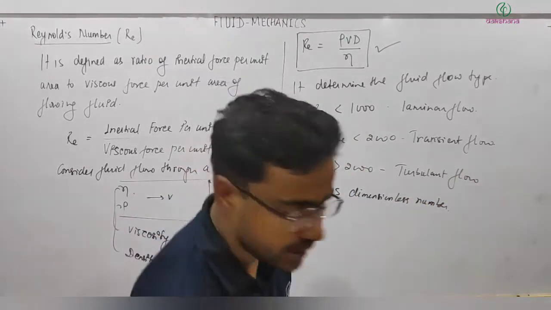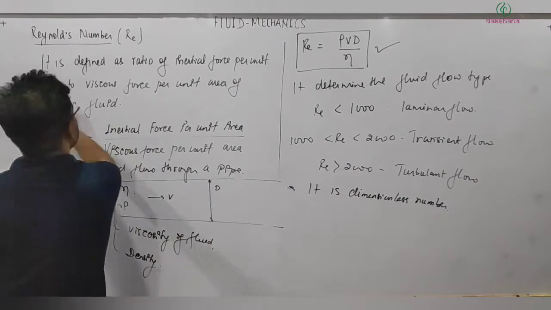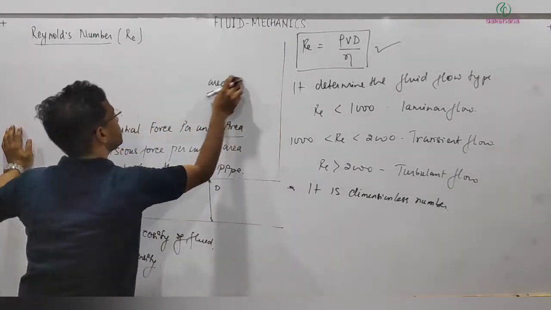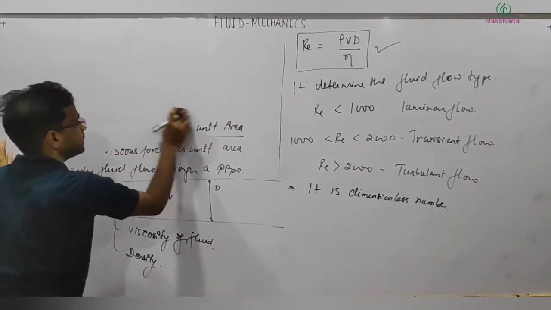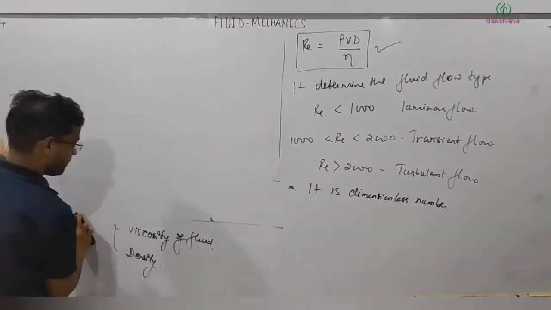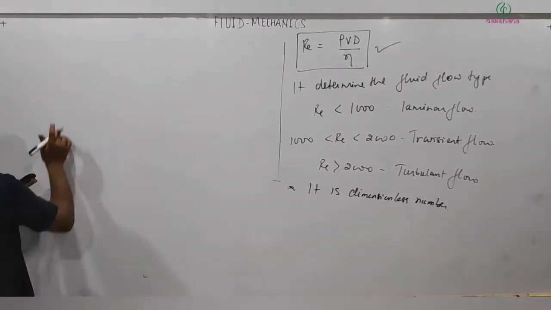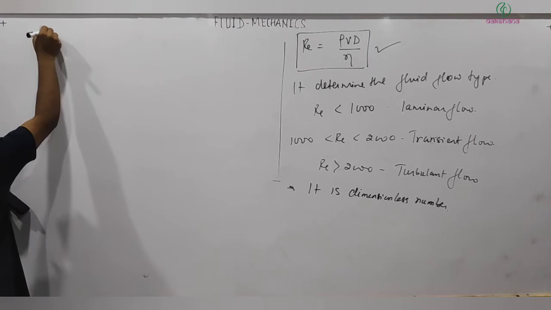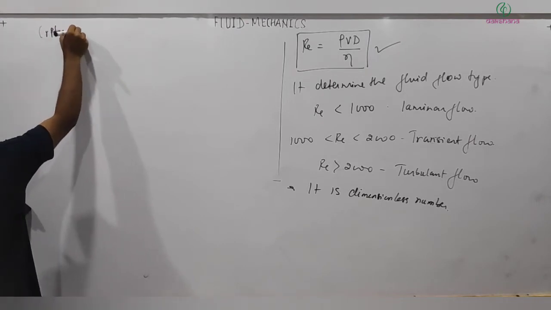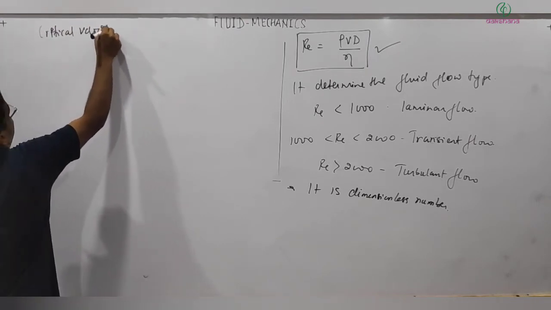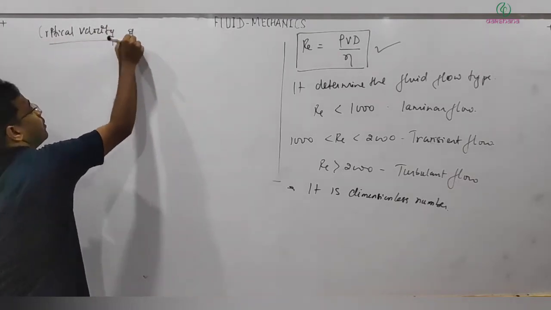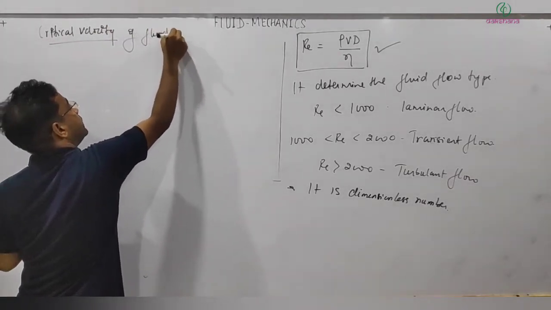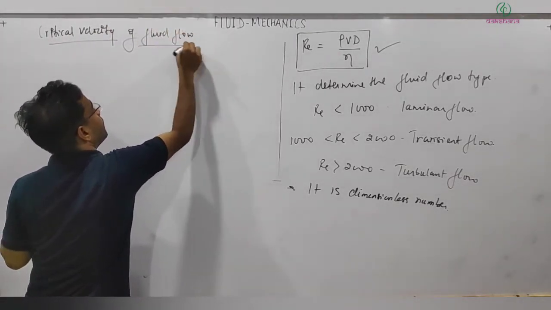Next comes critical velocity. So let me define critical velocity, or critical speed of fluid flow.